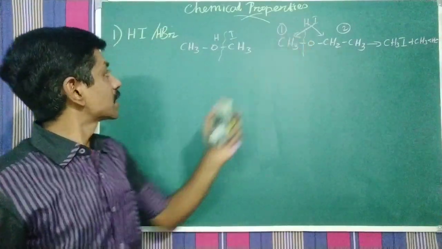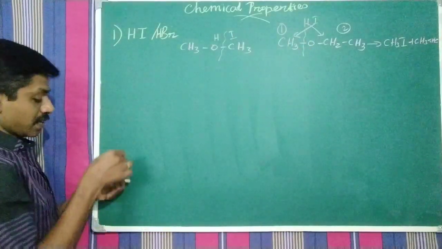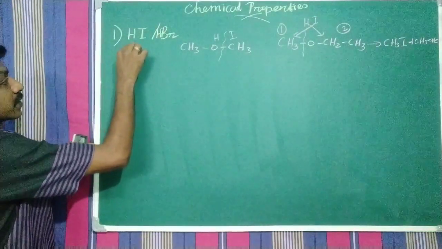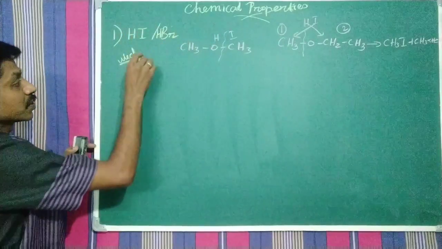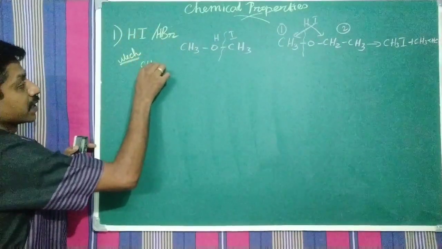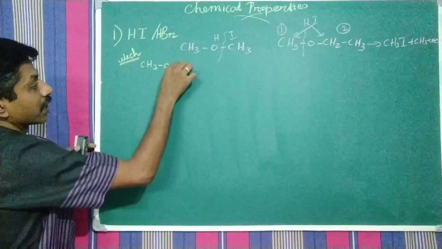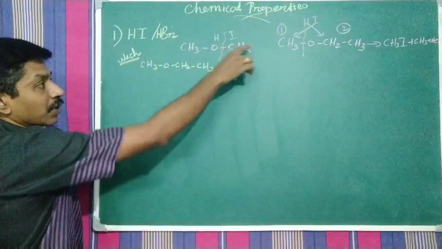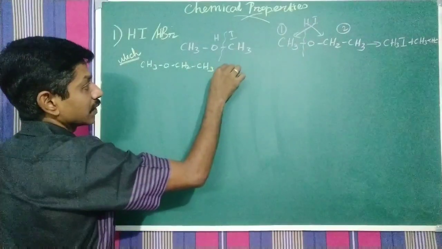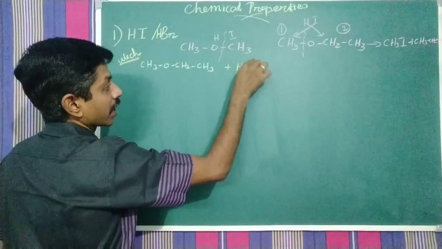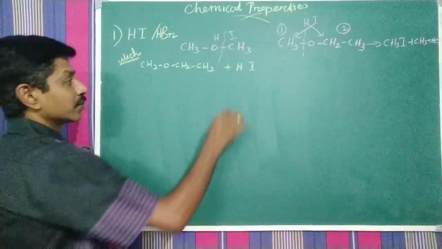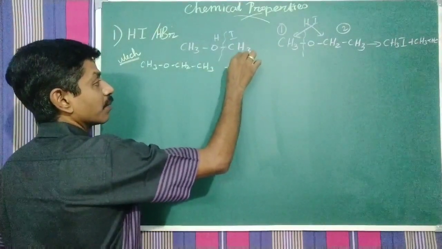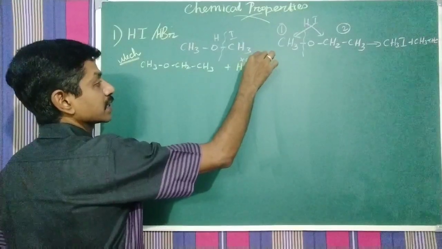This can be explained only when you understand the mechanism of the reaction. How does this mechanism go? The same story only. We take CH3OCH2CH3, the molecule I have taken, and I am going to treat it with HI. When you react with an acid, as usual, the bond breaks heterolytically, giving H plus and I minus.